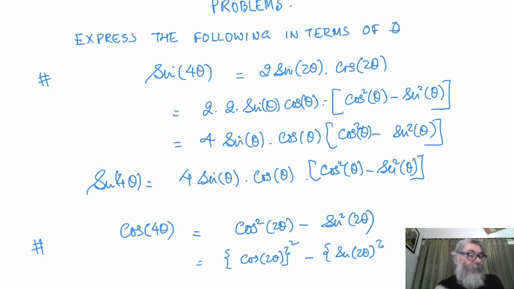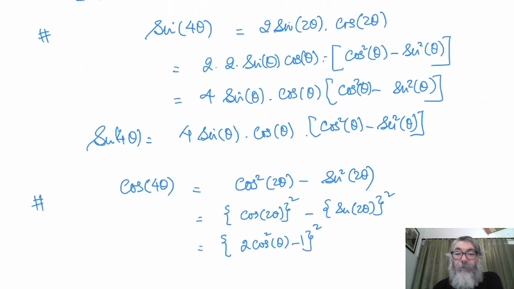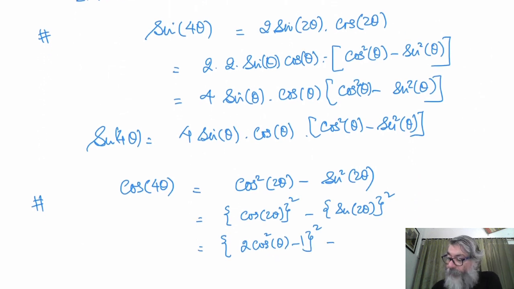Now I can write cos 2 theta as 2 cos square theta minus 1, whole square, and sin 2 theta as 2 sin theta cos theta, whole square. Let us square them.